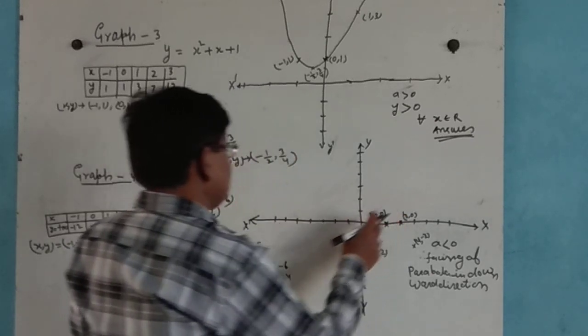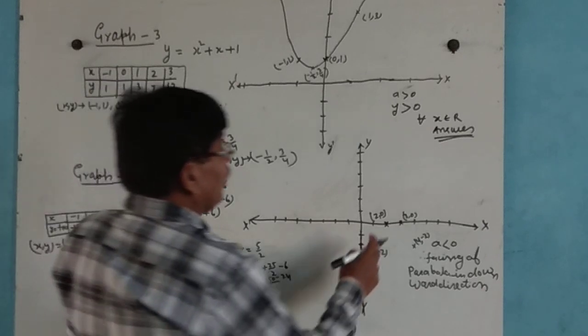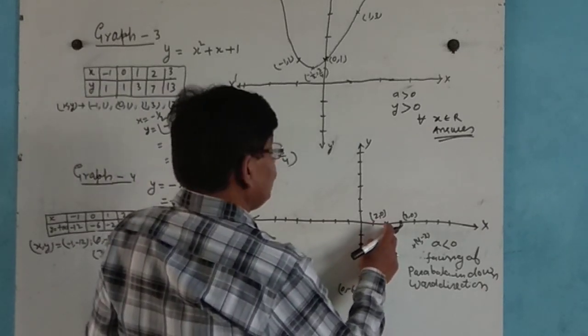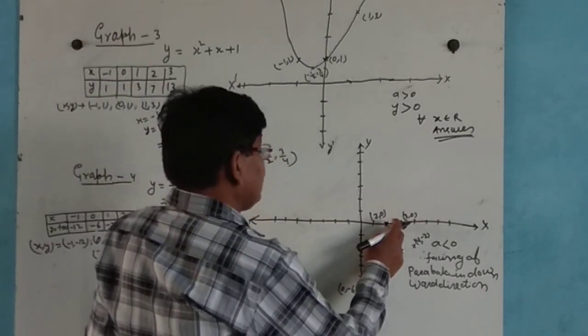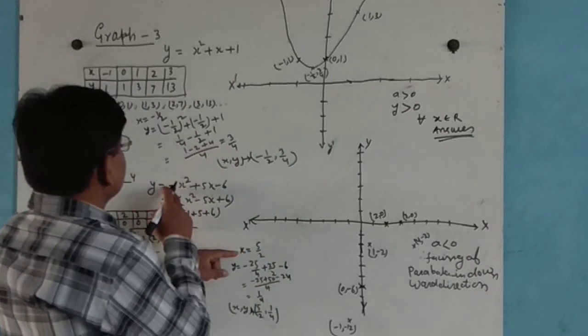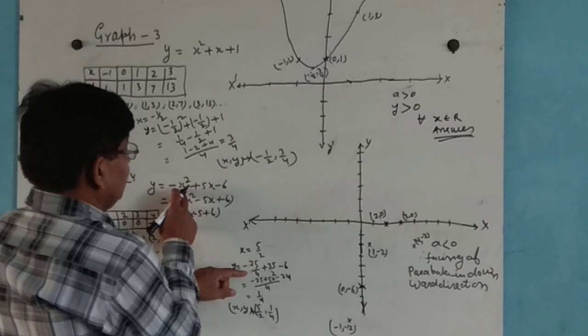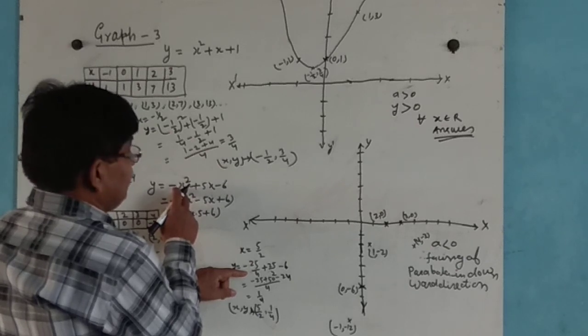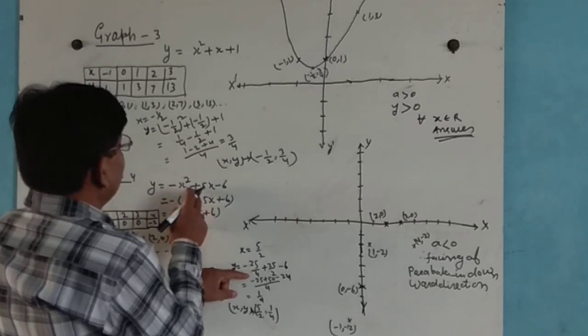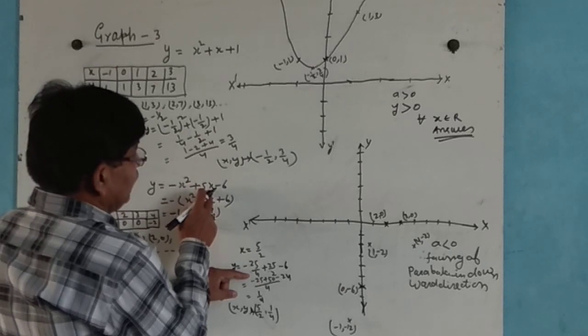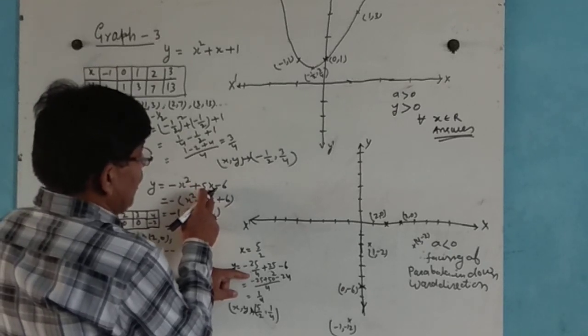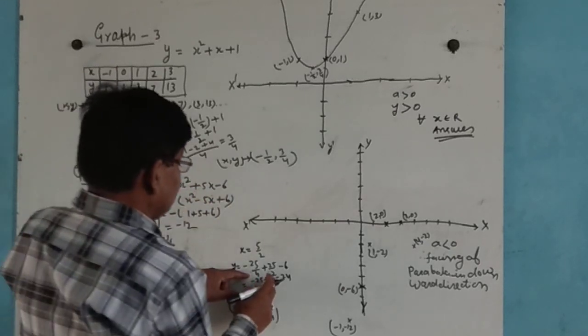Now 1, 2, and a half position, 5/2. Putting x equal to 5/2: 25/4 minus 5 times 5/2, that is 25/2, plus 6.